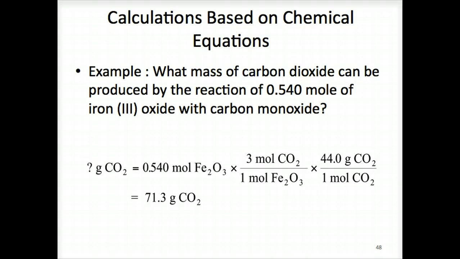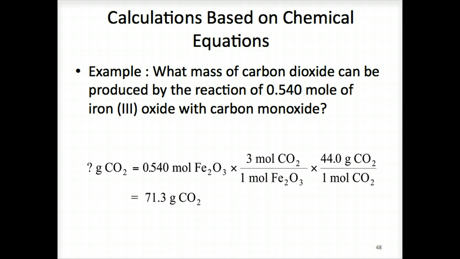Here's another example. What mass of carbon dioxide can be produced by the reaction of 0.54 moles of iron oxide with carbon monoxide? I start on the left-hand side of the equation, 0.540 moles of iron(III) oxide, 1 mole of iron(III) oxide to 3 moles of carbon dioxide that is produced on the right. 1 mole of CO2 weighs 44 grams to give me 71.3 grams.